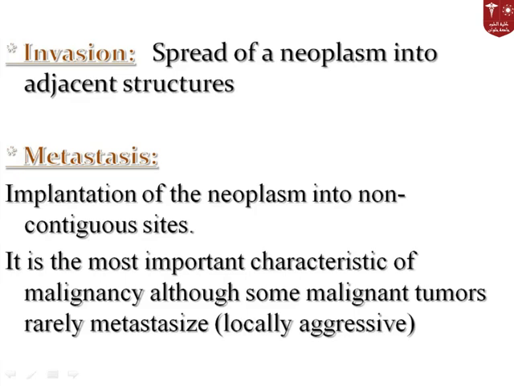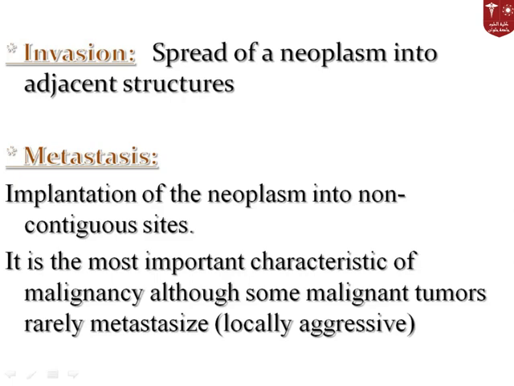Another term, metastasis. What is meant by metastasis? Metastasis is when a tumor or a neoplasm sends some of its cells away into another organ or another non-nearby site, okay? And these cells go to that distant site and implant themselves in that site, and continue uncontrolled proliferation and form daughter tumors in the other organ.